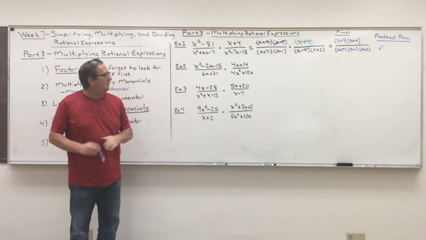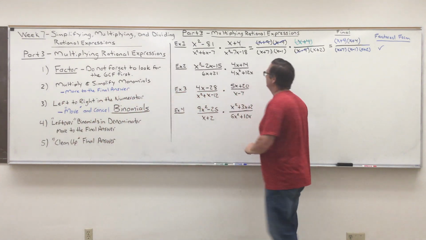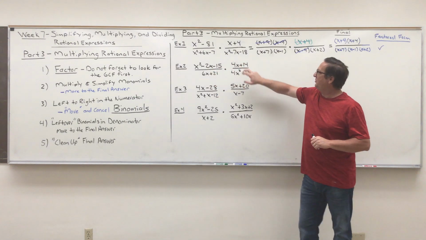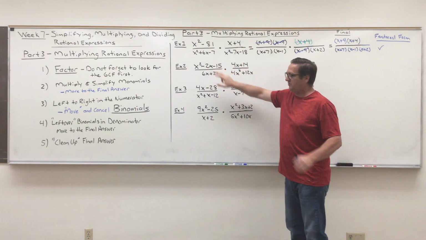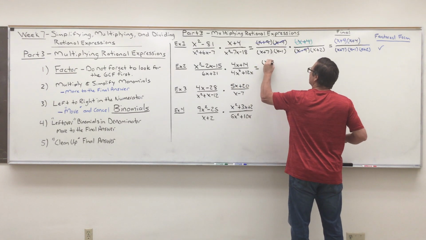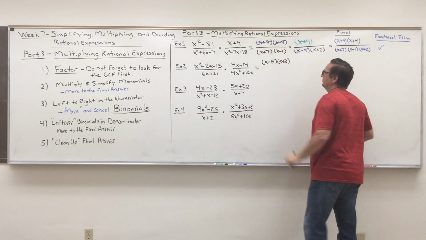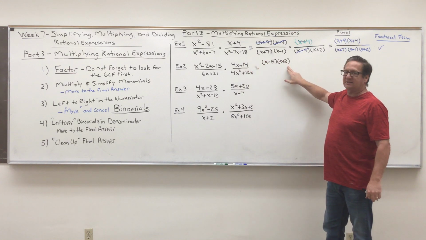All right, let's take a look at example number 2. 1, 2, 3, 4. 4 separate problems that I'm going to factor. Here's my trinomial. X minus 5 times x plus 3.